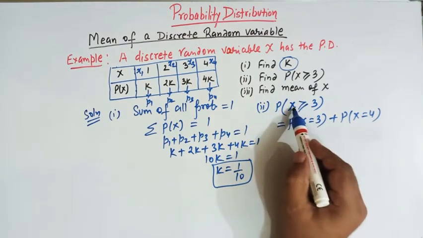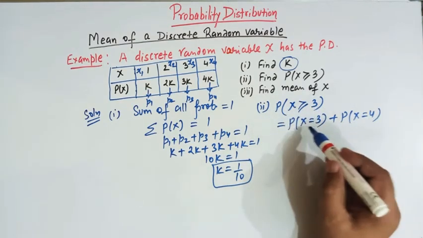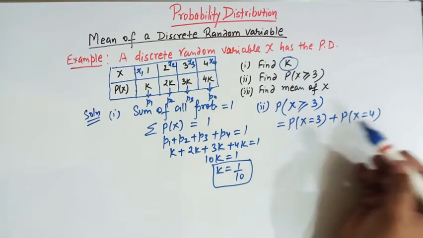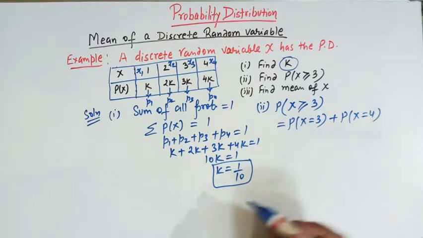So p of x greater than or equal to 3 is p of x equal to 3 and p of x equal to 4.